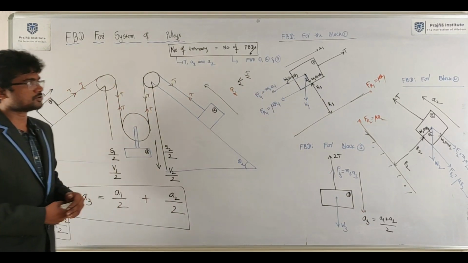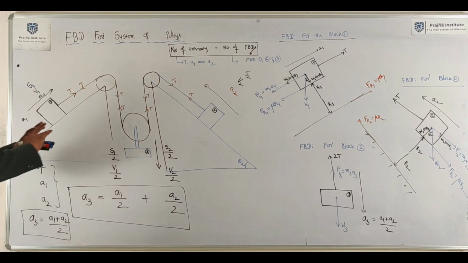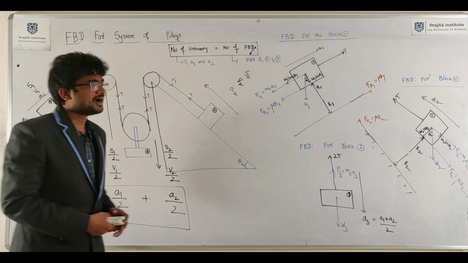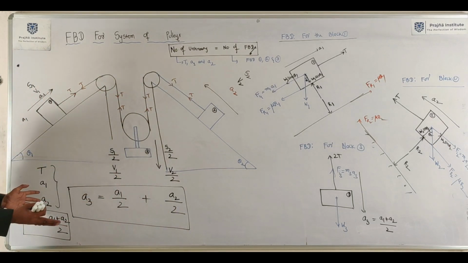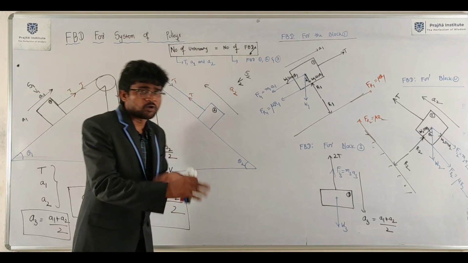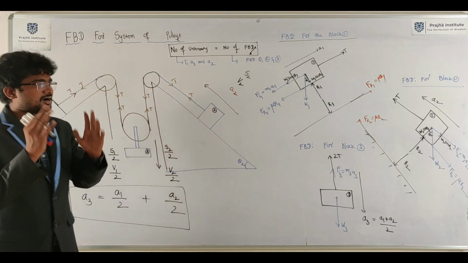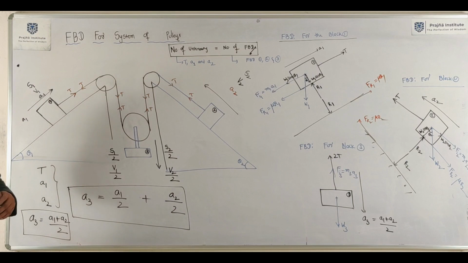Anything is possible. So you are in a position to know everything, at least the methodology: how to draw the free body diagram, the number of unknowns, the number of free body diagrams, how many equations you will get, and how to solve the problem. Just have a look at it. That is very important. Next, this is a wonderful question.